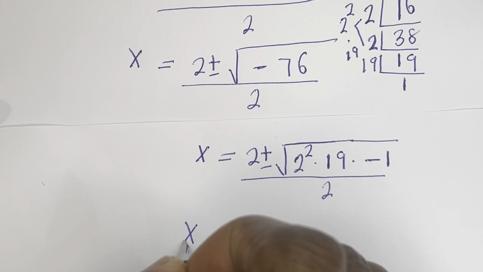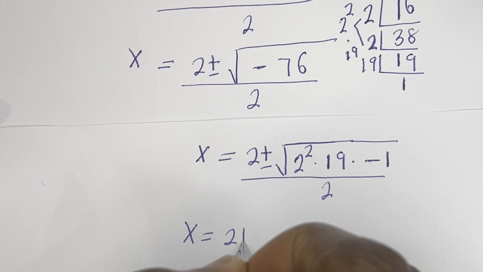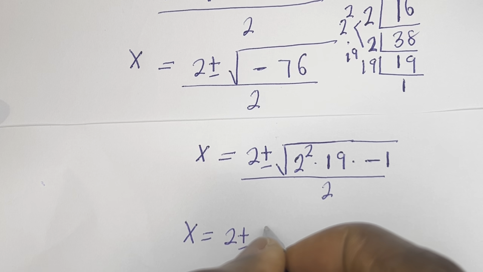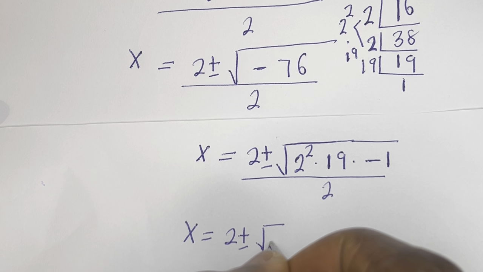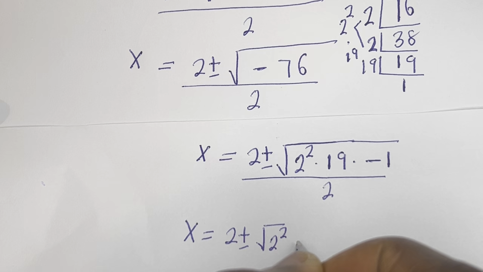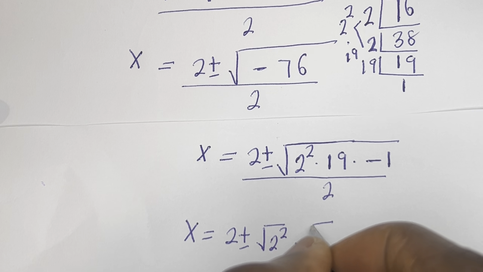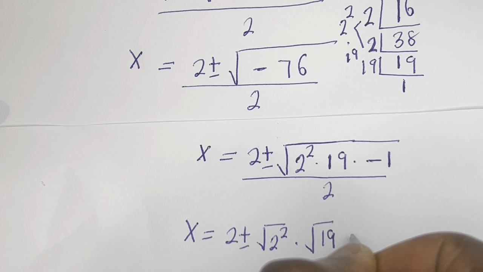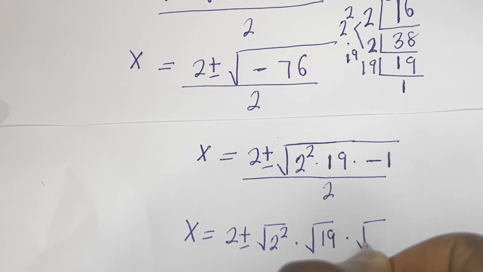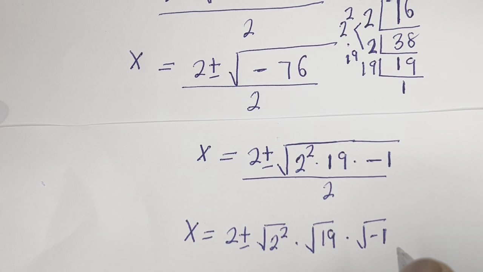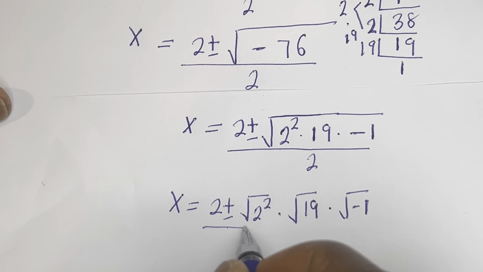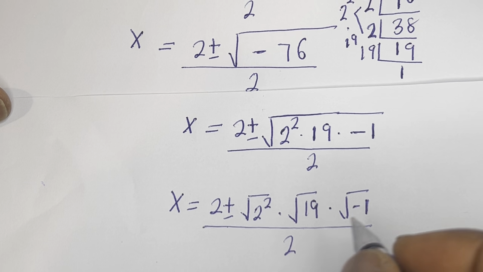Then x is equal to 2 plus or minus, this can be written as square root of 2 square multiplied by square root of 19 multiplied by square root of minus 1, everything over 2.